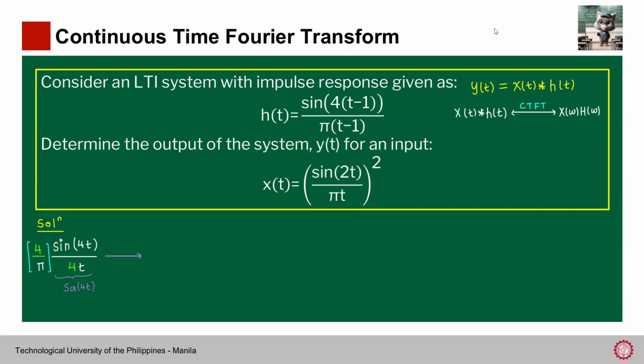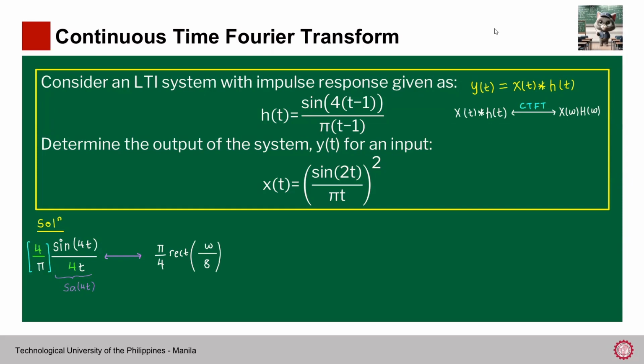The Fourier transform of the sampling is pi over A. So we have pi over 4, rect function ng omega over 2A, so omega over 8. But don't forget that we have the factor 4 over pi as a constant.